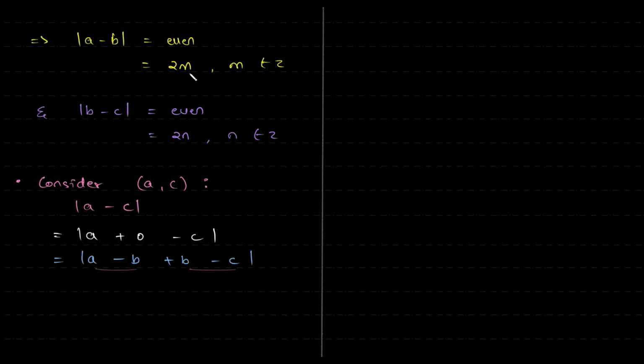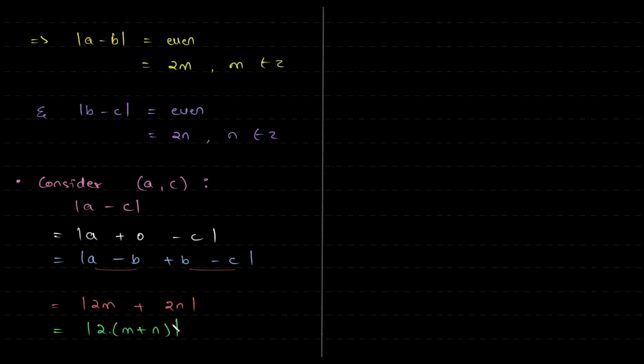A minus B is what? 2m. B minus C is what? 2n. And that's the point of adding 0 and all of that. So this is nothing but 2m plus 2n. So we have 2 times m plus n, right? What did we do? We just substituted over here and we took 2 common.